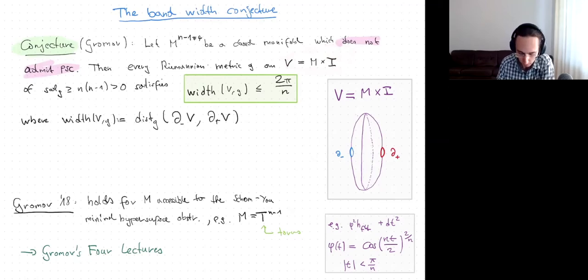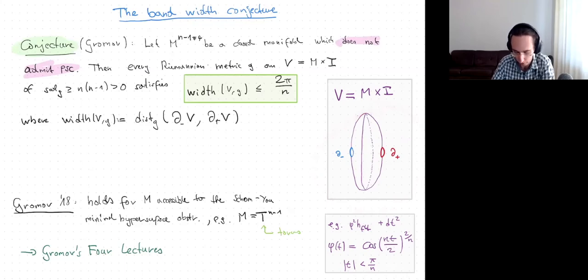And you take a Riemannian metric which has a lower scalar curvature bound, which is positive on V. And for convenience, we rescale this to be the scalar curvature of the n sphere, which is n times n minus 1. And in this situation, maybe that's the picture you should take into account.